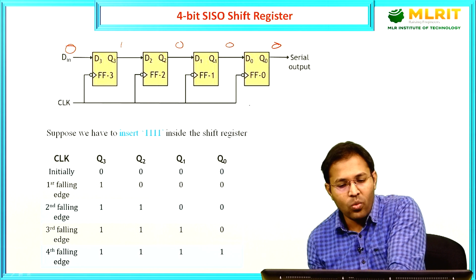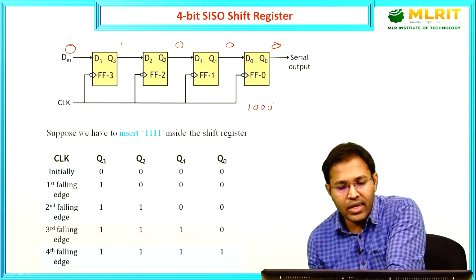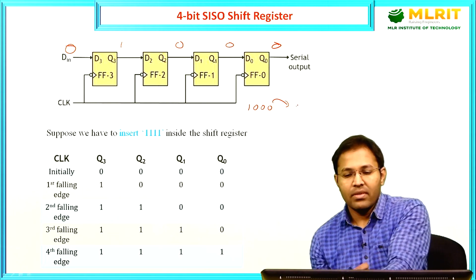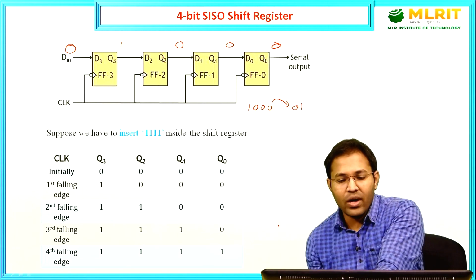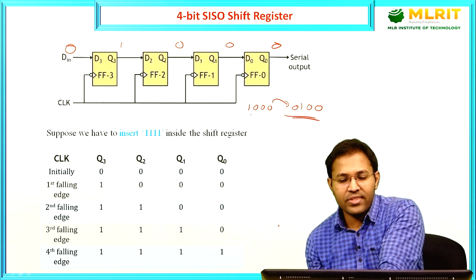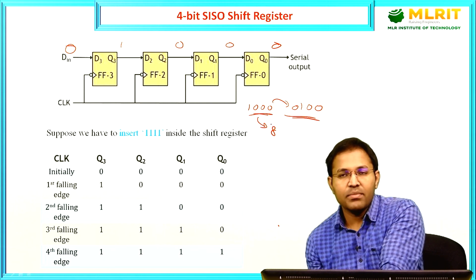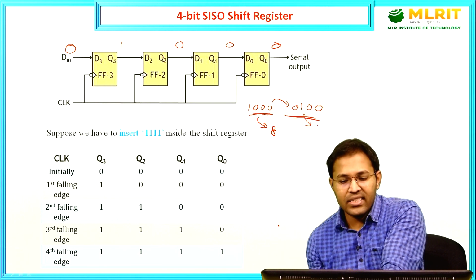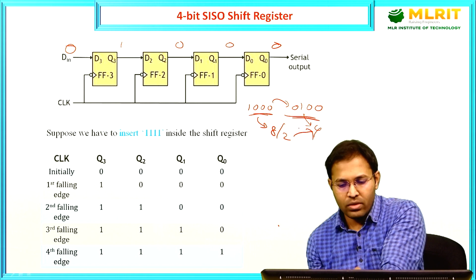This 1, 0, 0, 0 is shifted right and we have 0, 1, 0, 0. If you see, the decimal equivalent of 1, 0, 0, 0 is 8 and this is 4. So what is happening? It is getting divided by 2.